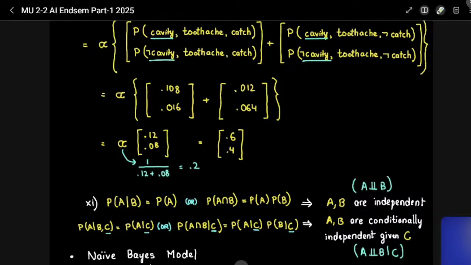And there is something called independence, and there's something called conditional independence. So if probability of A given B is nothing but probability of A, or if probability of A and B is nothing but the product of probability of A and B, then that would mean A and B are independent, and it is represented like this. But let's say instead of just A and B, there is something else.